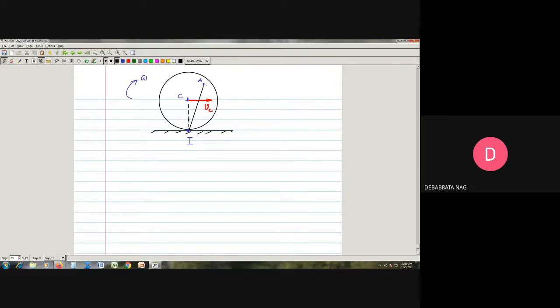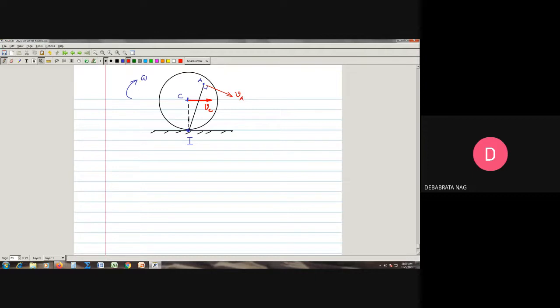Since the sense is known to be clockwise, it is pretty clear that this velocity should be 90 degrees to this line, and the sense of this motion will be this. So this will be the velocity of point A.